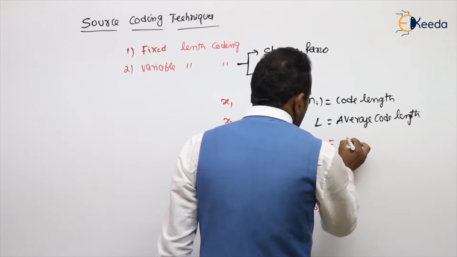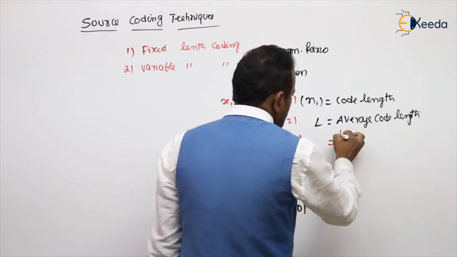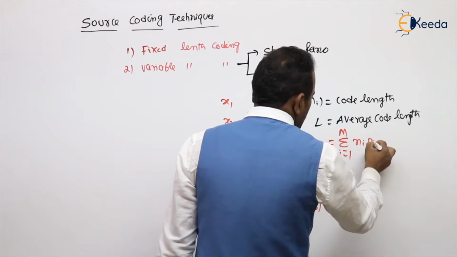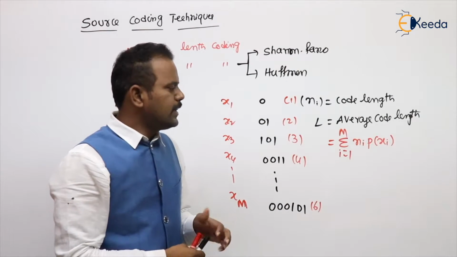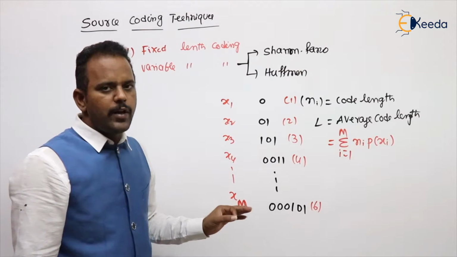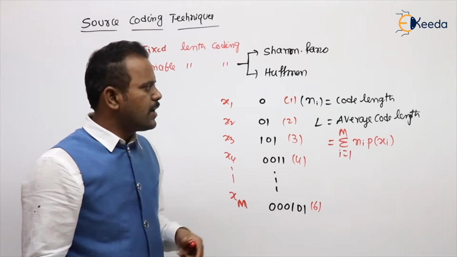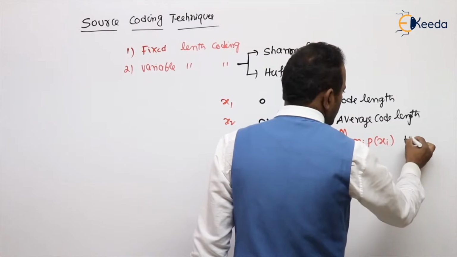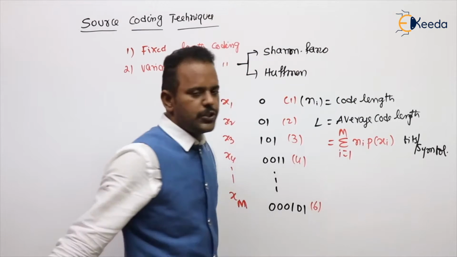The formula is summation i equal to 1 to m, as there are m symbols, ni into p of xi. Ni means code length, p of xi means probability. Units for this are bits per symbol or bits per message.